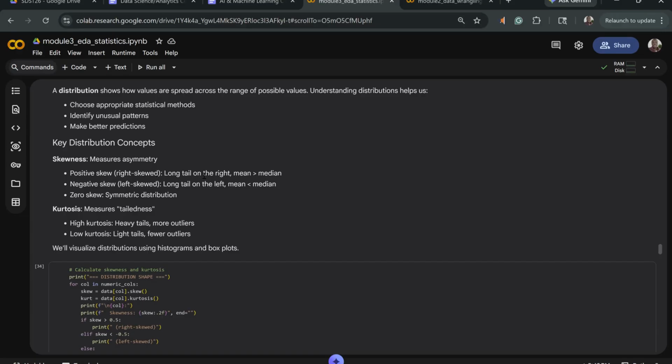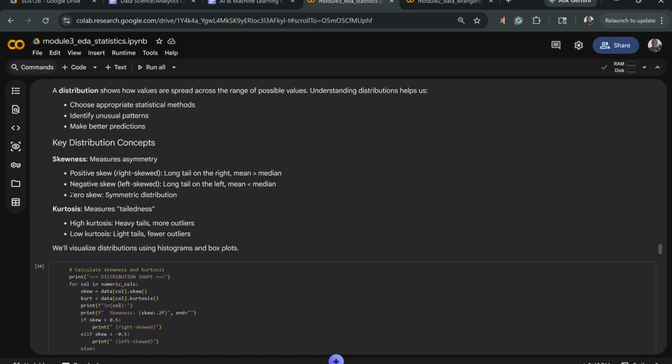That means the long tail is on the right, meaning that the mean has exceeded the median. The mean has moved from the middle of the distribution towards the right-hand side. If you have a negative skew, we call it a left skewed distribution. That is, the long tail extends on the left-hand side, the mean has gone below the median, and as a result has distorted our distribution towards the left side.